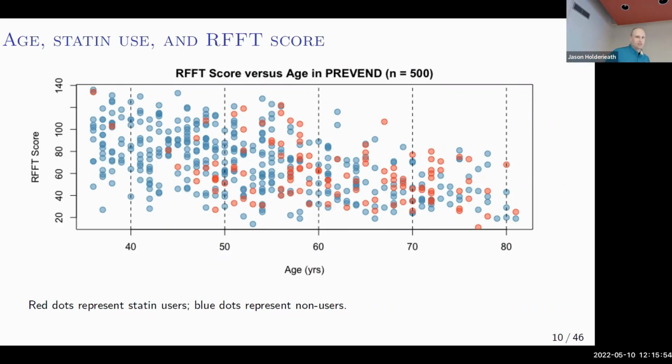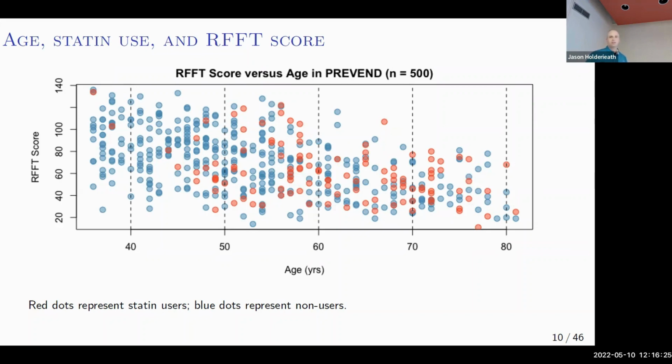So in this case, they've added statin use, and that's probably what is of interest anyway. They've added red dots to represent statin users and blue dots for non-statin users. If you're looking at this, you're probably seeing a trend downward, which we already expected. Like I said, cognitive ability tends to decline.